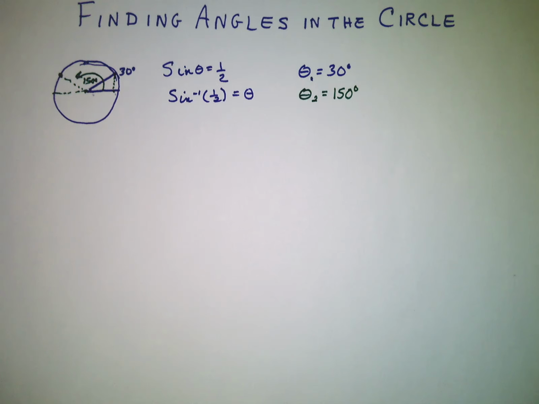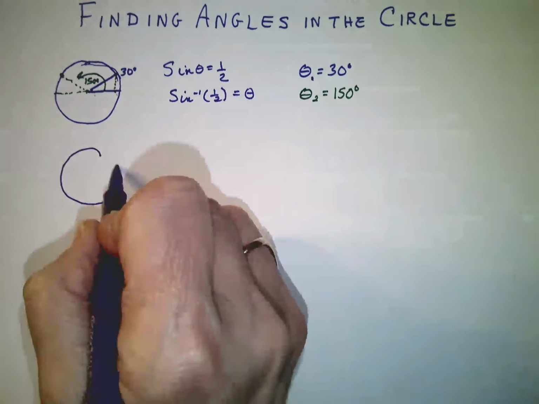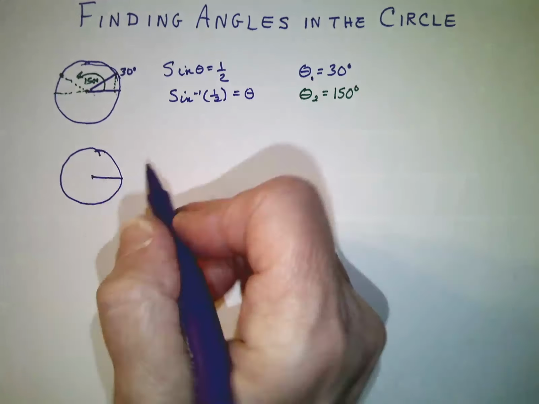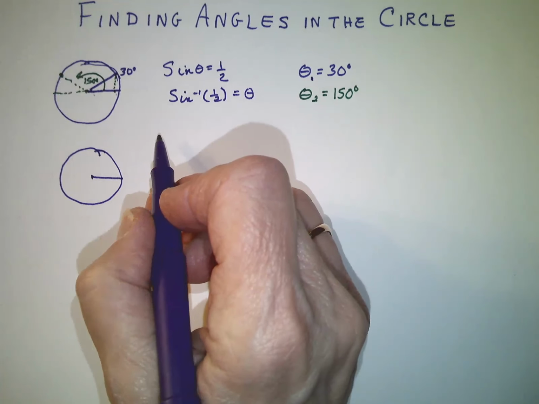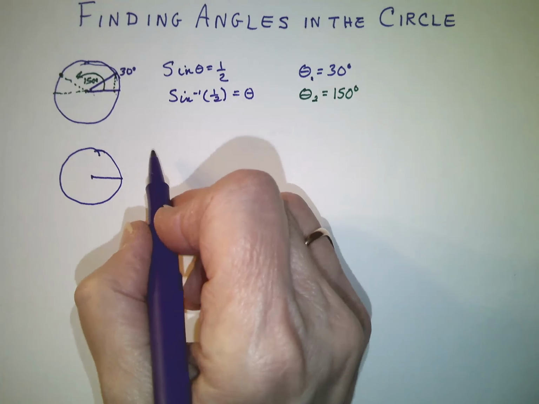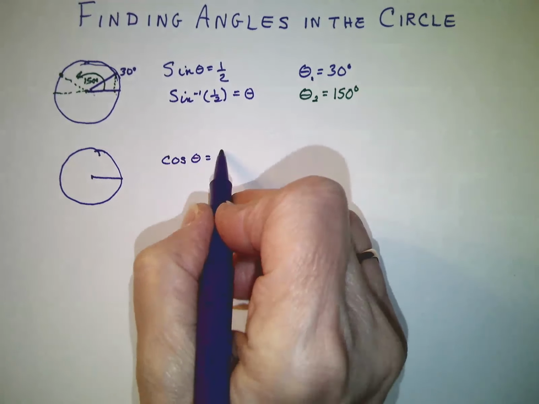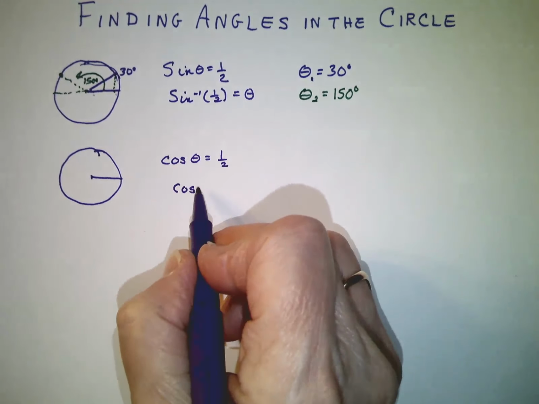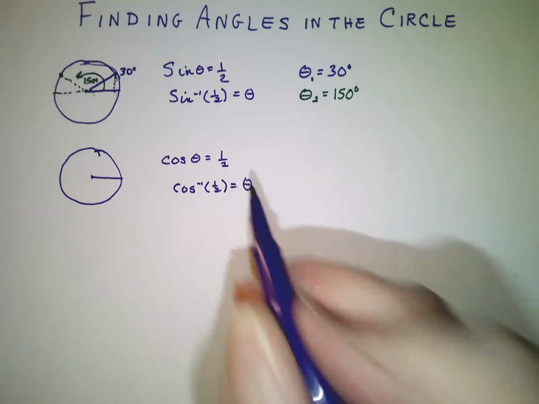We could try a second example. Sorry about the circles here, not being quite round. Knowing that the cosine of an angle is 1/2, inverse cosine of a half is going to tell us the angle.